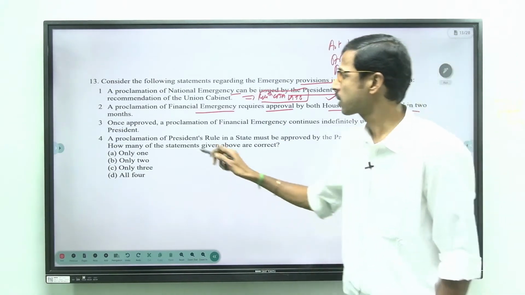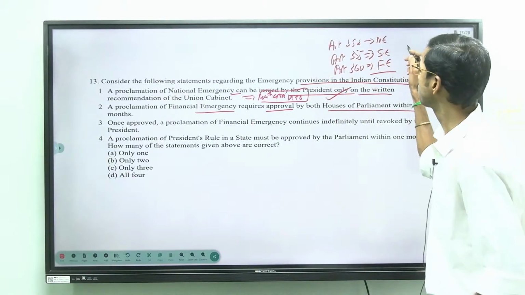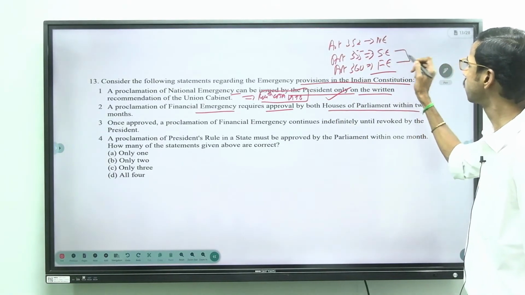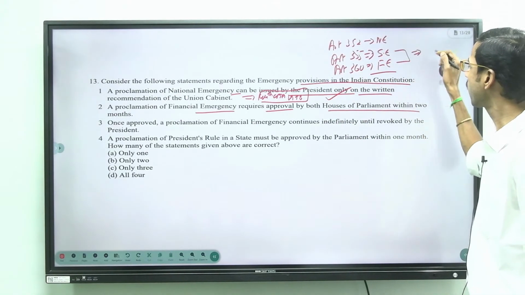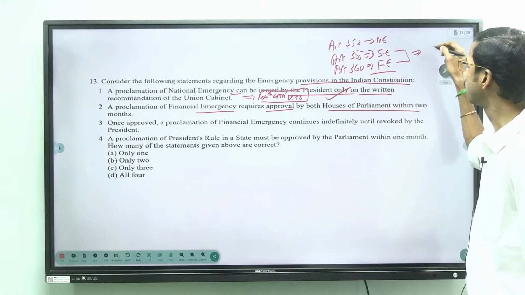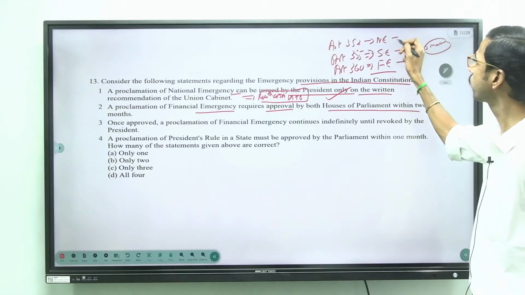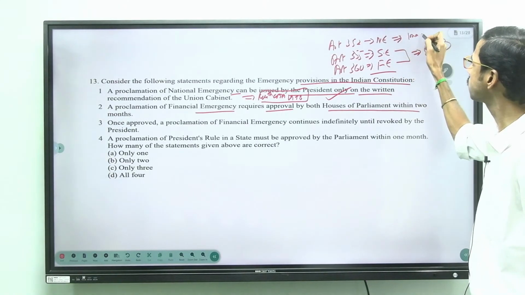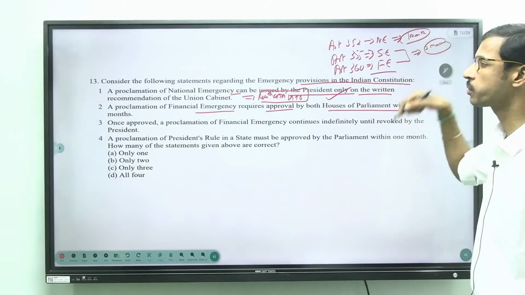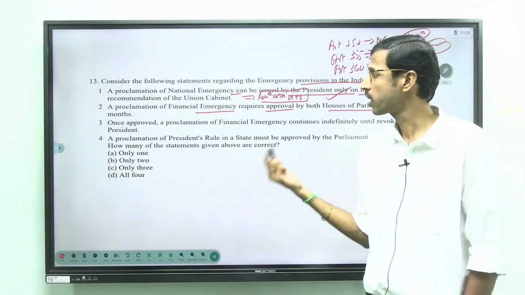This is also correct. For financial emergency and state emergency, Parliament has to give its approval within 2 months. But for national emergency, 1 month is sufficient. That is the difference between national emergency and state emergency or financial emergency.